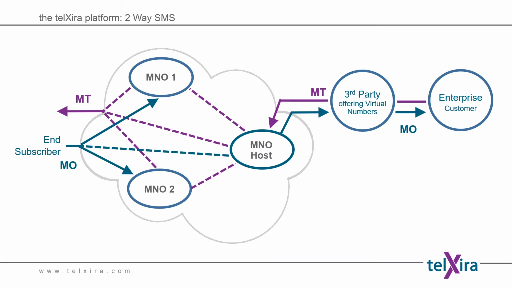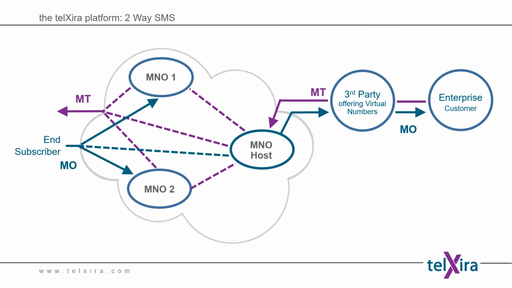What's next? Well, instead of that SMS being passed on to a recipient, the host MNO will recognize that as belonging to you and send that MO message either via an SMPP connection or via an API directly to you, where you can aggregate the messages as you wish. Traffic flow for MO is end user, mobile operator, enterprise.